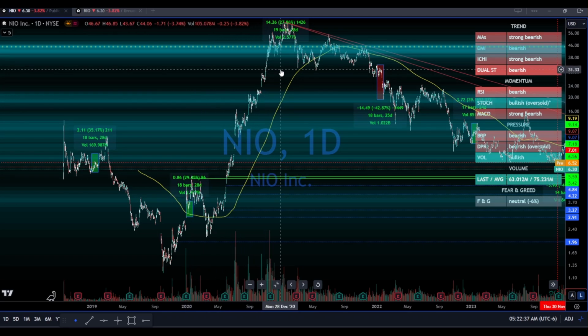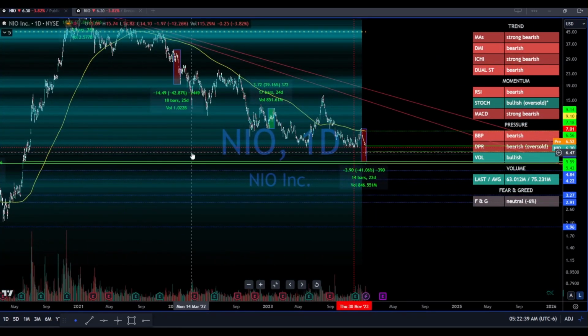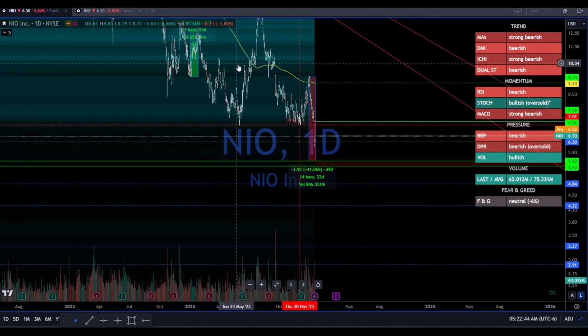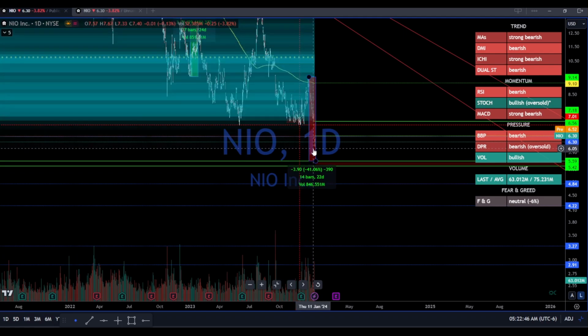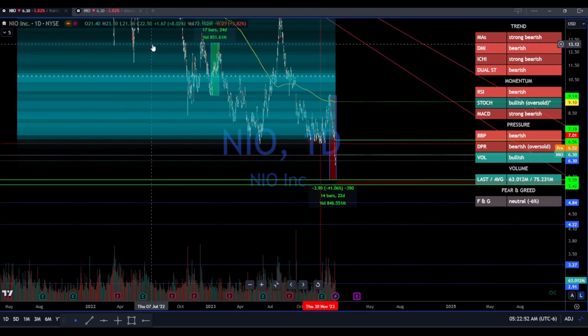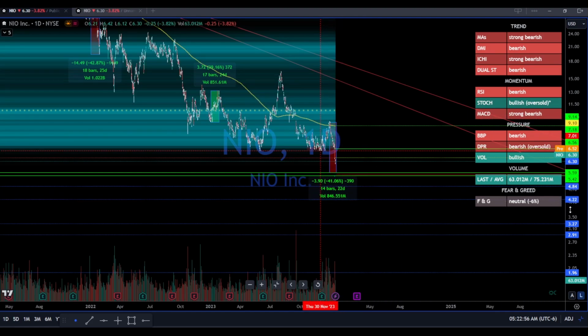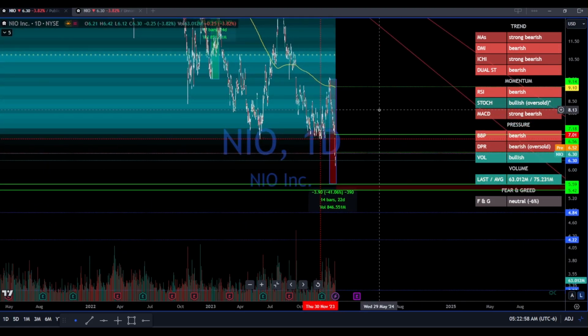But once we broke out, we see what happened. Now, I think we're coming down to retest that area. So that's why I have this as a relevant price target. We see that a similar move as a couple years back would be something similar to that, which lines up with that price point.